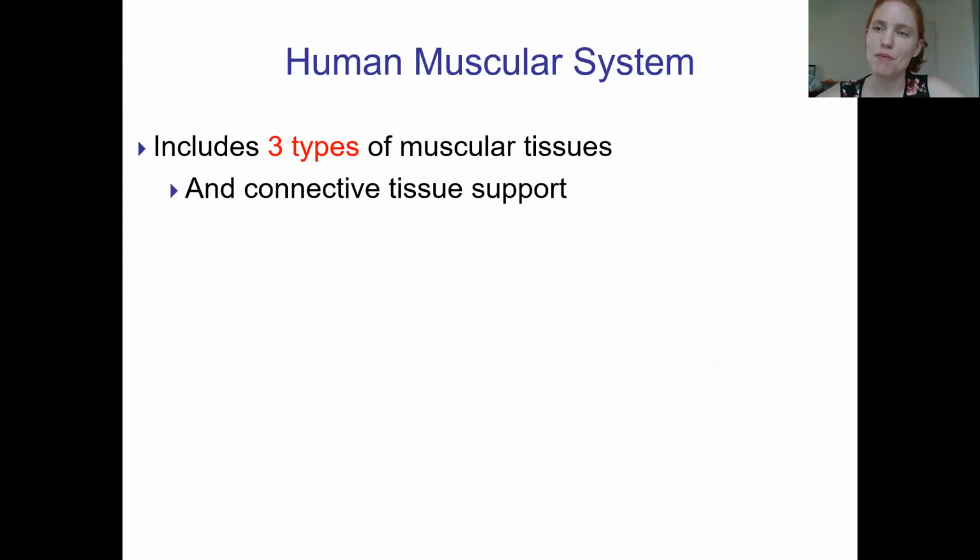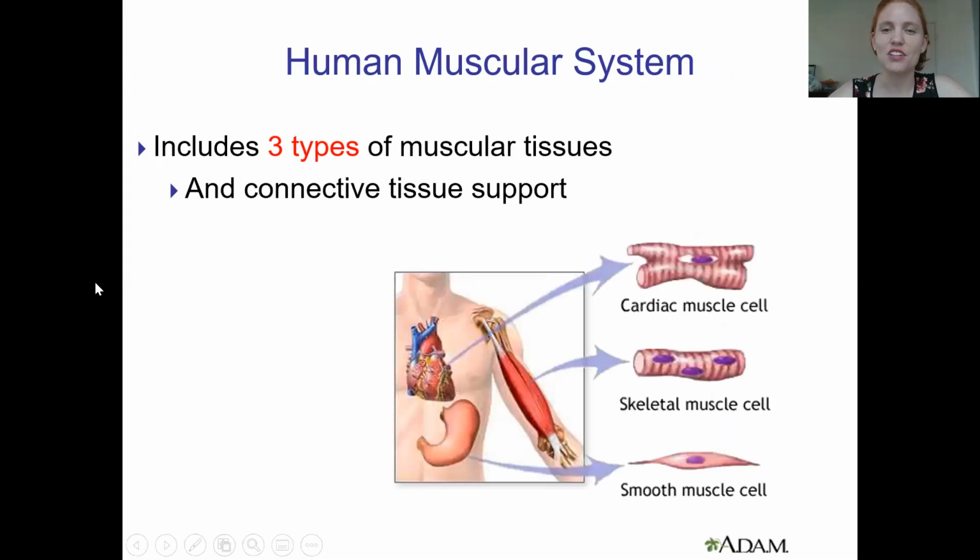If hopefully you remember back to your lecture on different types of tissues, there were 3 different types of muscular tissues. Do you remember what they are? We have cardiac muscle cells, and cardiac muscle cells are found in the heart. So cardiac means heart.